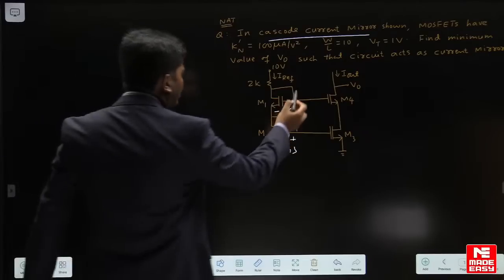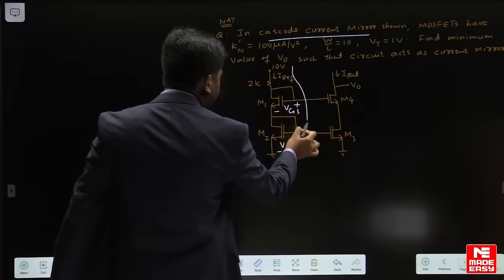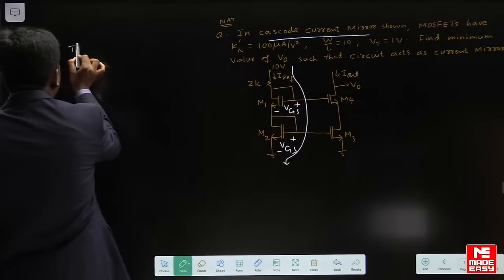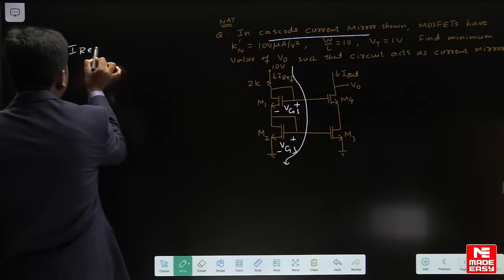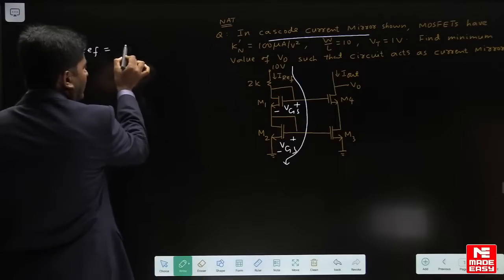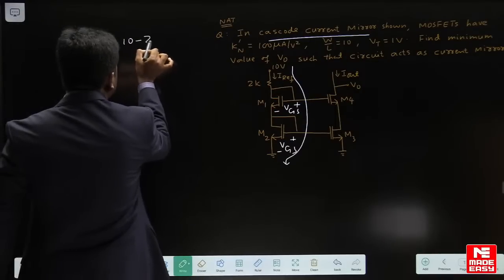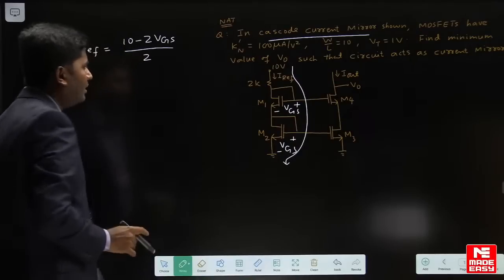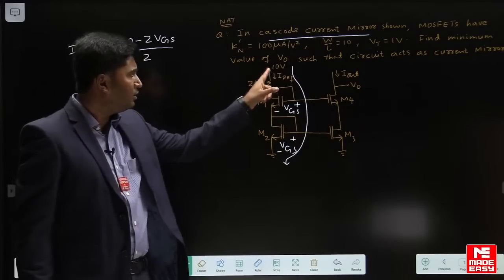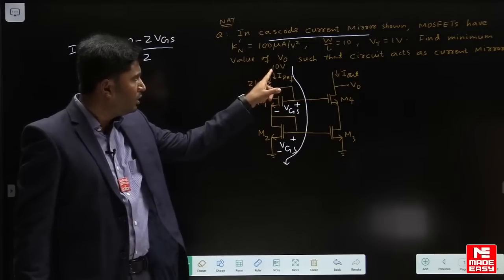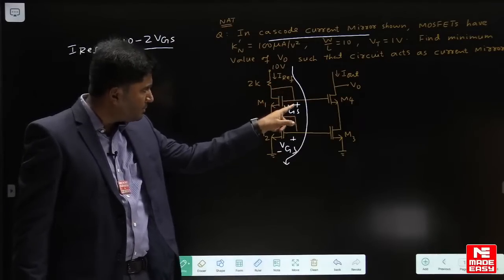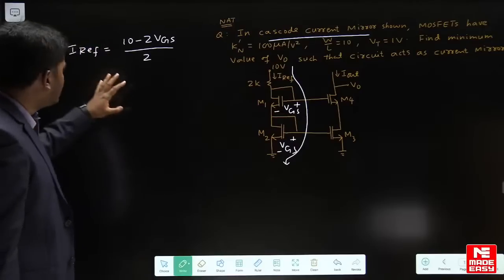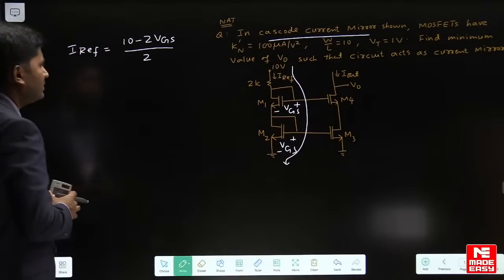तो अगर आप यहाँ पर KVL अप्लाई करते हैं in this loop, okay, you will get I reference equal to, मैं इसको डायरेक्टली लिख रहा हूँ, I hope everybody understood. It will be 10 minus 2 VGS divided by 2. अगर आप इस लूप में KVL अप्लाई करेंगे you will get that equation. 10 is equal to 2 into I reference plus VGS, okay. उसको आप rearrange कर लो, you will get I reference equal to this much.